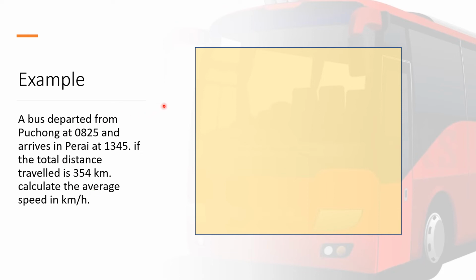In calculating the average speed, we need to know the total distance travelled and the total time travelled. Of course, the bus did not move at uniform speed. There should be some stops here at the RNR maybe, or when the road has heavy traffic, so the bus will slow down.